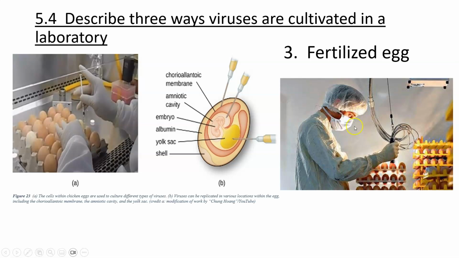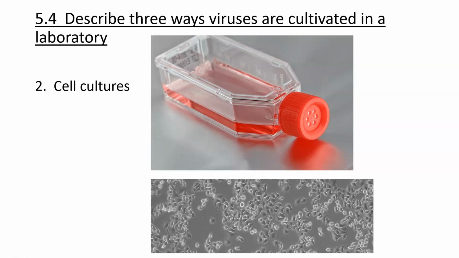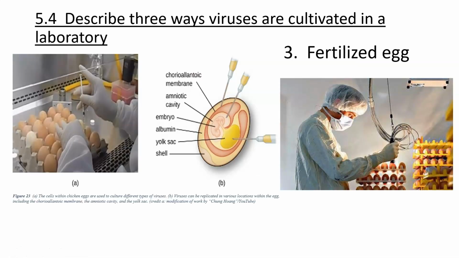Now, the thing that you're probably aware of is that a lot of times our flu vaccines are made this way. Let me just back up. What is a flu vaccine? A flu vaccine is a weakened form of a virus. So we inject the egg with a weak form of the flu virus.